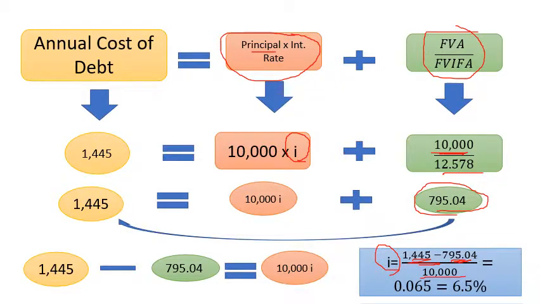So we have 0.065, which times 100, so the annual interest rate is 6.5%.